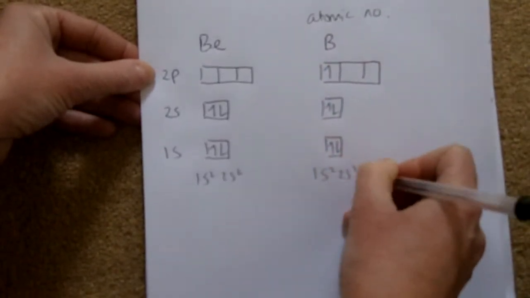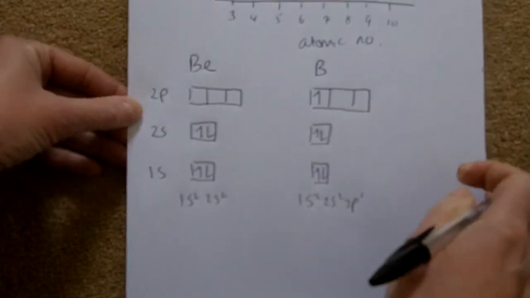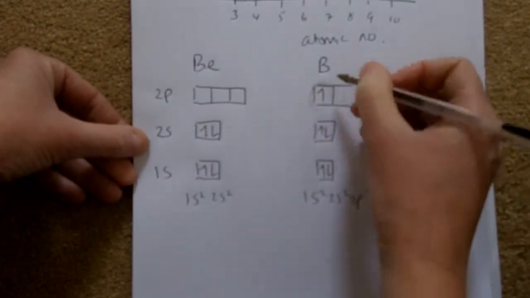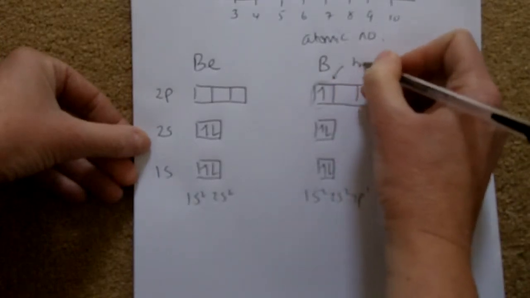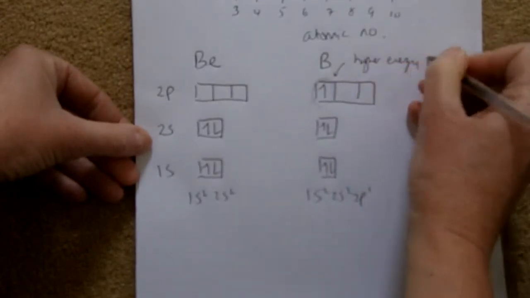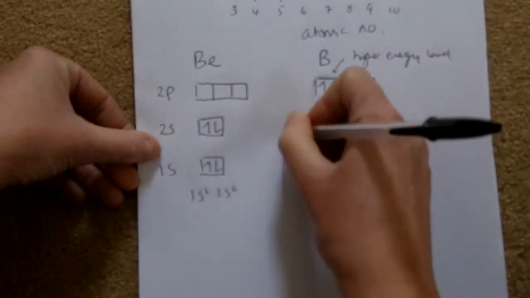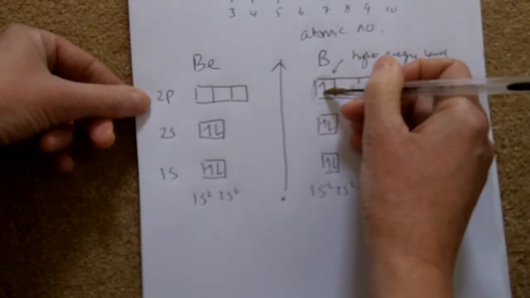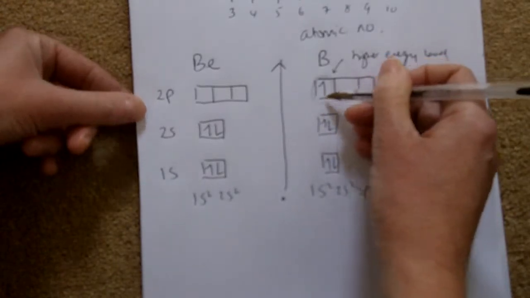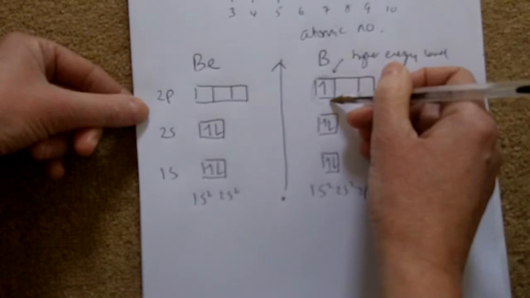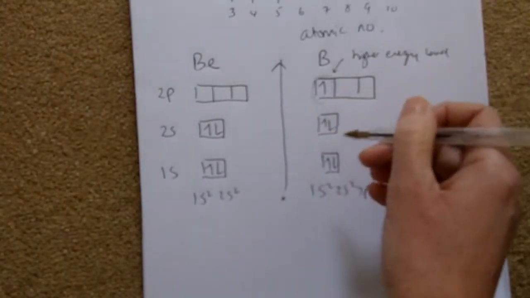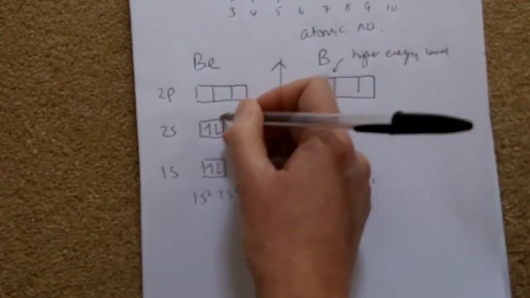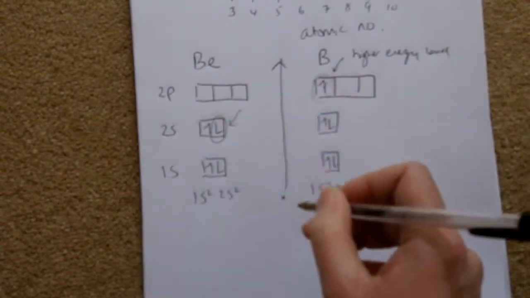So when you're taking the first electron from boron, you're taking an electron from a slightly higher energy level, because it's increasing in energy away from the nucleus. The 2p subshell is slightly higher in energy than the 2s subshell. So a little bit more energy is needed to remove the 2p than is needed to remove the 2s.